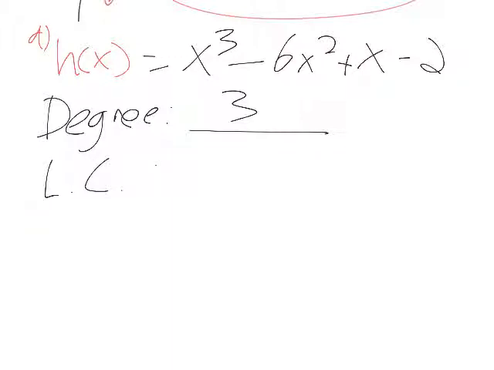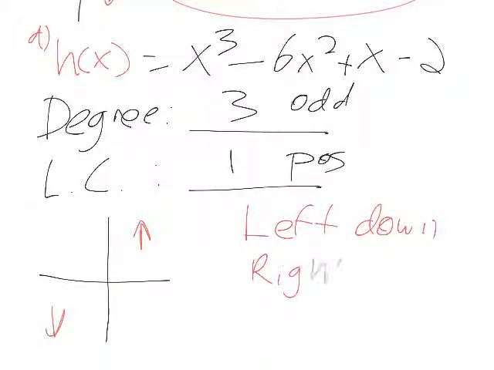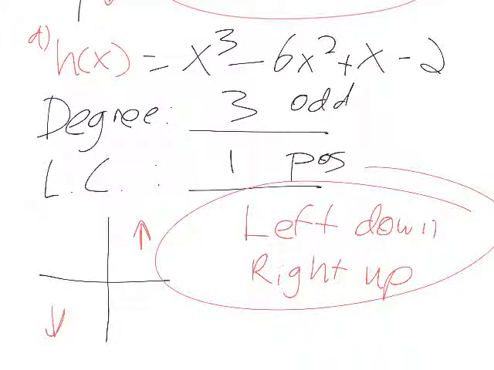Leading coefficient is positive 1. So we have an odd degree and a positive leading coefficient. Odd degree means they go opposite. Positive leading coefficient means the right end will go up. So left, down, right, up. And those are your 4 different situations for end behavior.